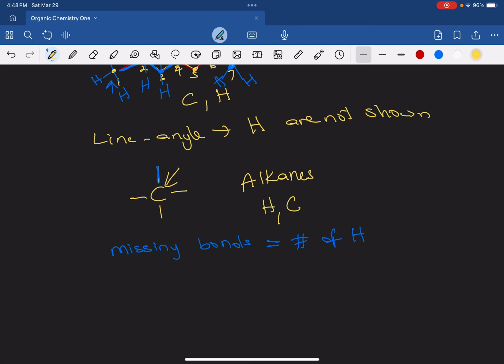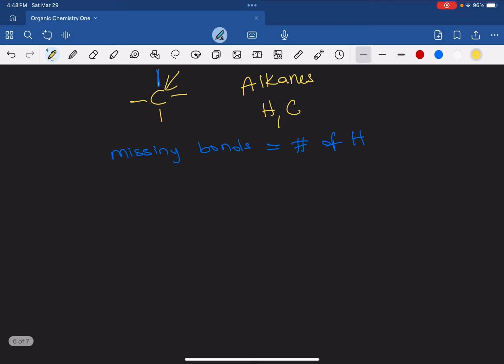Let's look at another one, something a little bit different now. What if you had something like this? I still don't like how this looks, so let's redraw this.